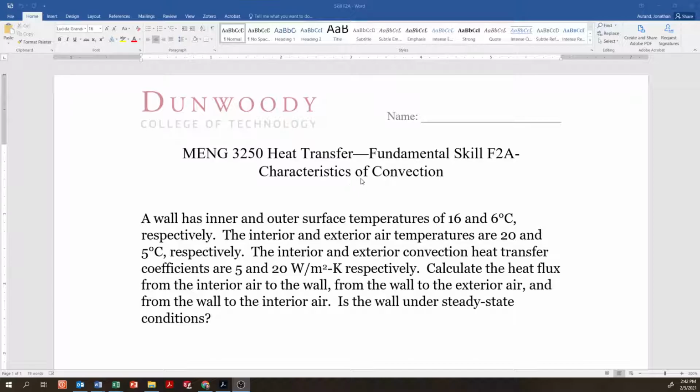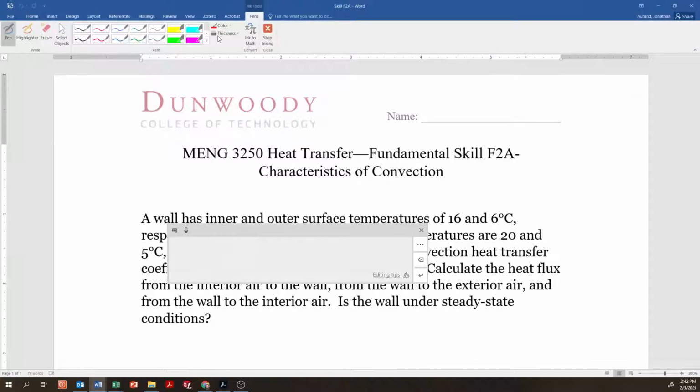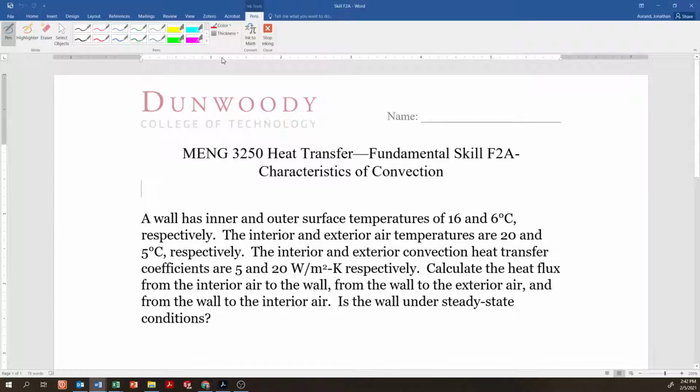So what do we have? Characteristics of convection. We have inner and outer surface temperatures, so we know what those are. And we know the interior and exterior air temperatures, and we know the convection coefficients.